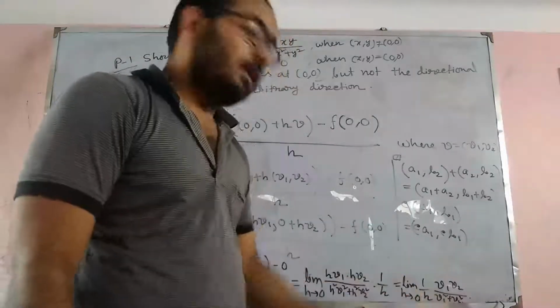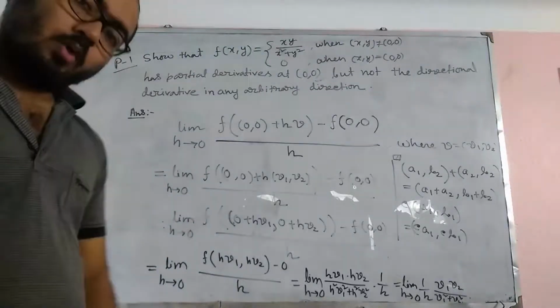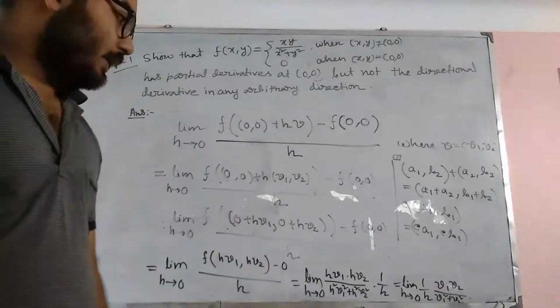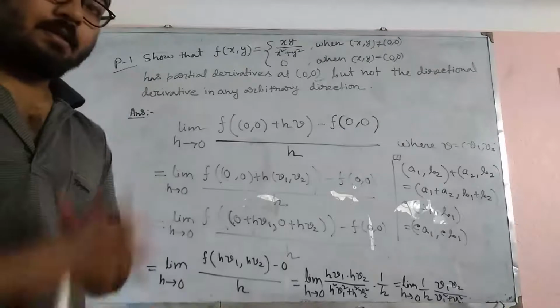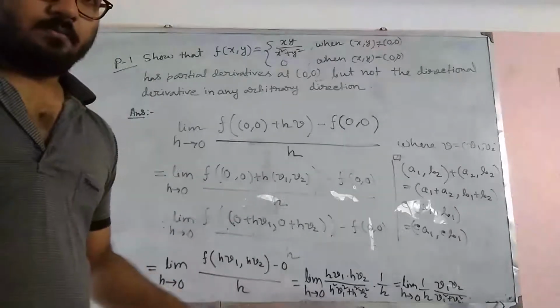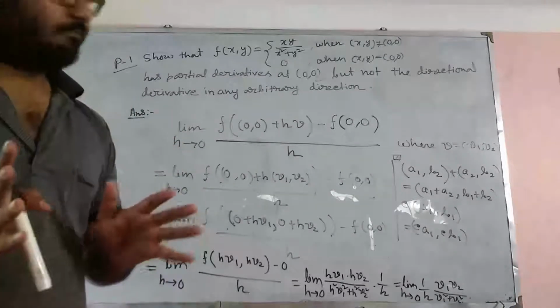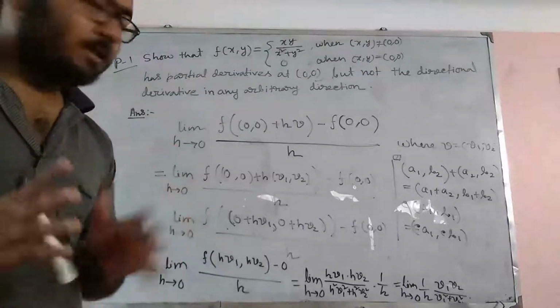But here the limit exists infinitely. So we will say the directional derivative at any direction does not exist. Any direction, why any direction?